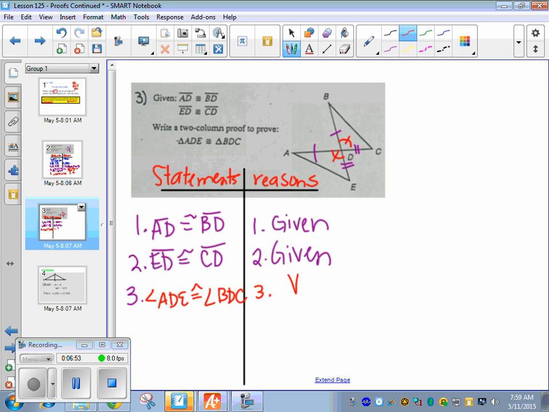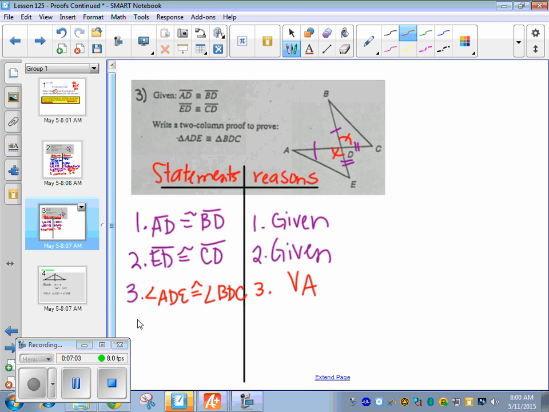And our reason is vertical angles. And Carrie, what do you think we can do next? AE equals BC?